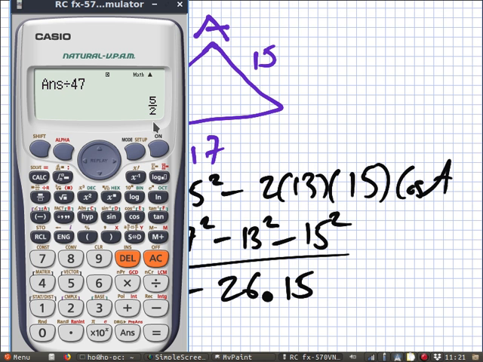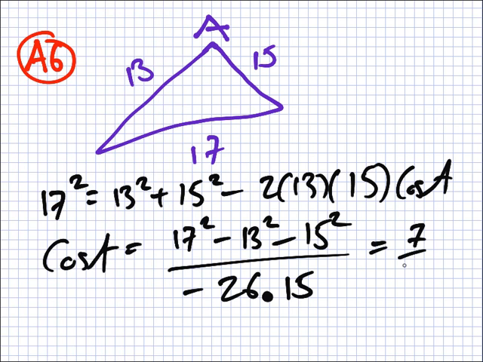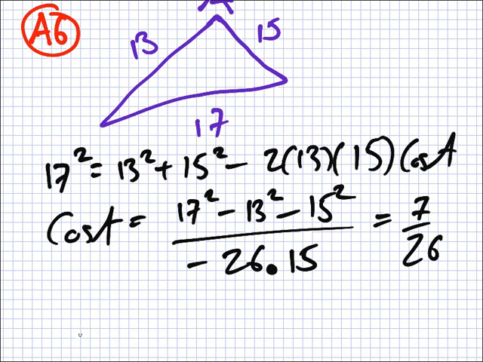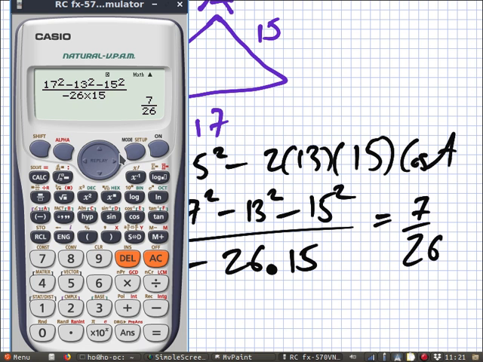Okay, so fraction time: that is 7 over 26. And then you'll have to do cos inverse in radian mode.